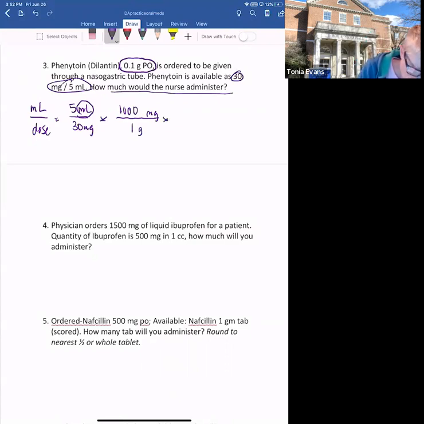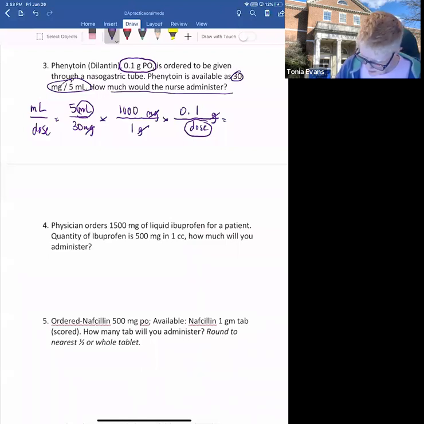So that cancels out our milligrams. Next thing I need to do is get rid of that gram, right? So my ordered dose is 0.1 gram per dose, and that cancels out my grams. We've got dose down there, and I'm going to say 5 times 1,000 times 0.1 divided by 30. We would say divided by 1, we don't have to do that.